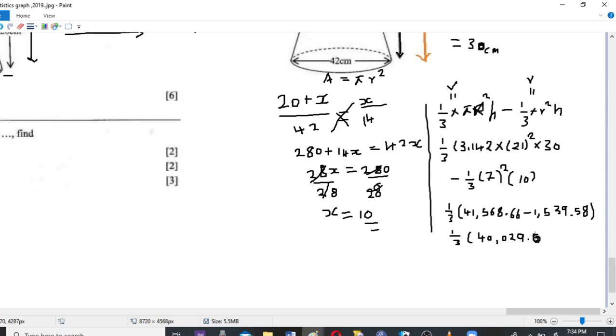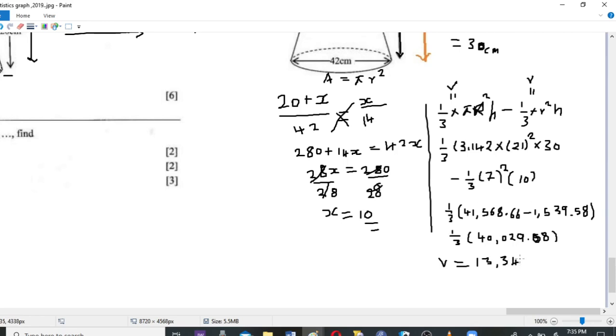Just make sure you do the right thing, right? So remember, we factorized 1 over 3. So the answer that we have gotten, we are going to divide that by 3, or we multiply that by 1 over 3, which will give us 13,343.